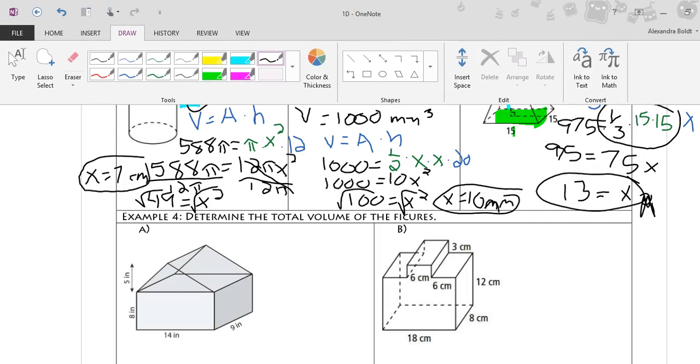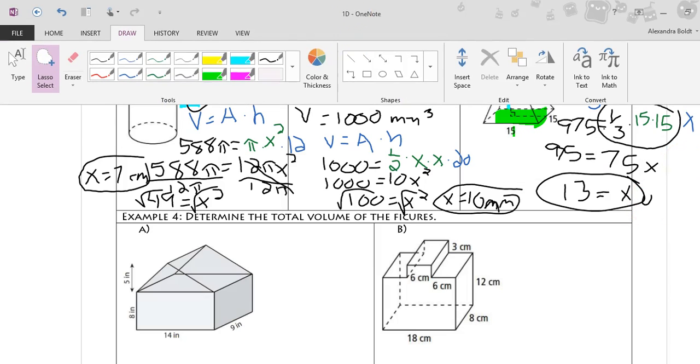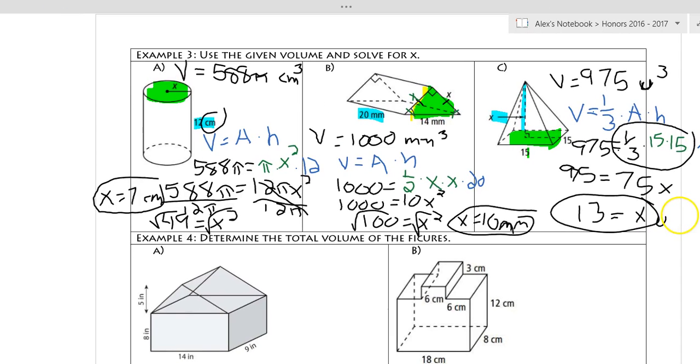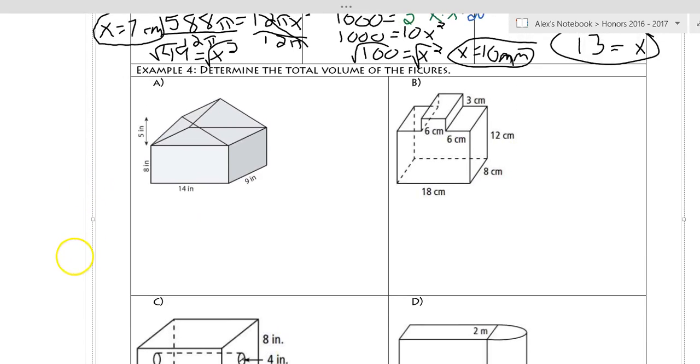X equals 13 there. Okay. So if I'm not solving for the volume, I'm given the volume, I can solve for parts of my figure.